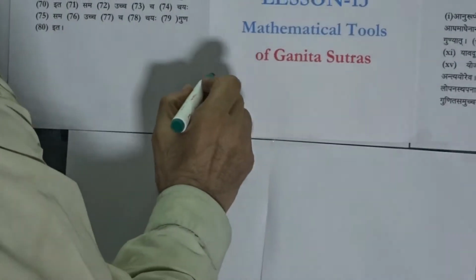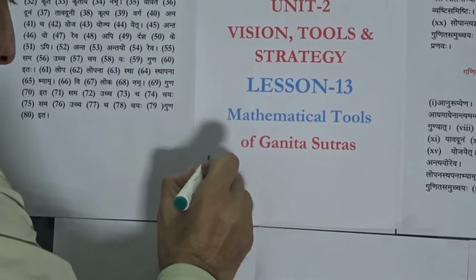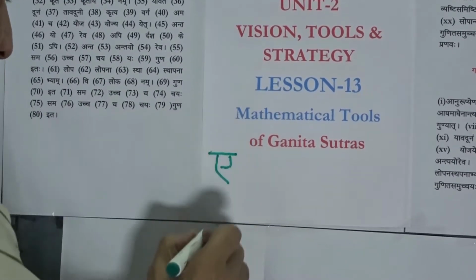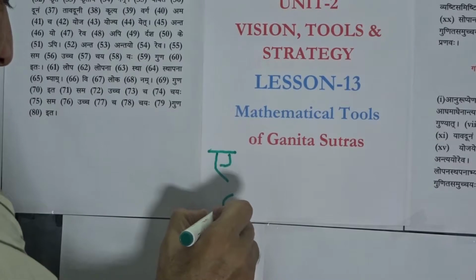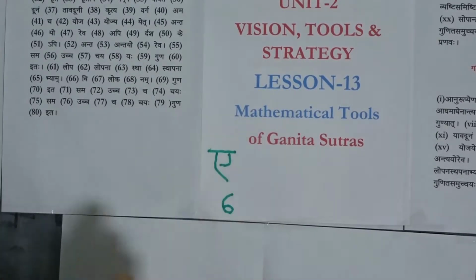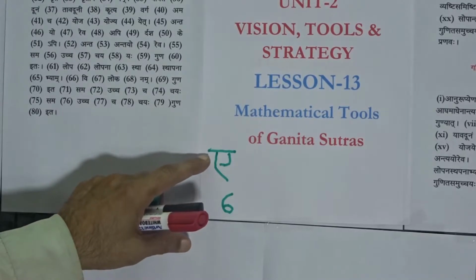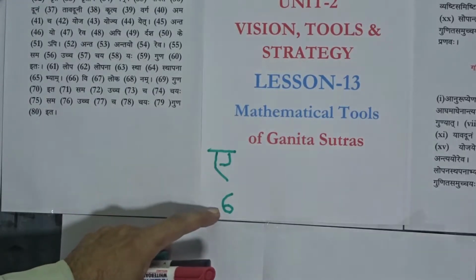We see that the first letter is A. It is the sixth vowel. It takes us to value 6. With it, we will have a pause here that letter A is taking us to value 6.